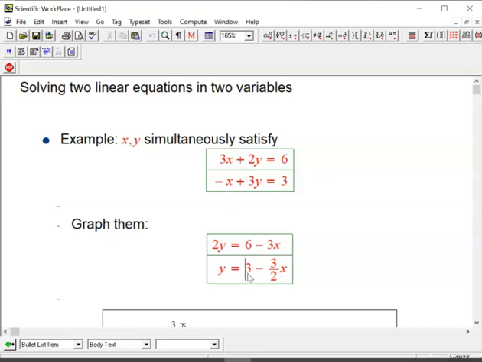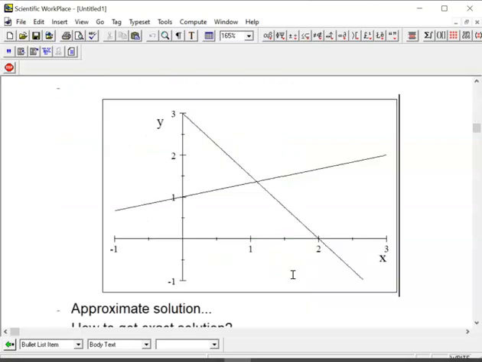So it's got y-intercept 3 and slope minus 3 halves, so it's moderately sloping down. The other thing you can do is cover up the y, set it equal to 0, and solve for x. So the x-intercept is 2. It goes through (2, 0) as well as (0, 3), and it's this downsloping line right here.